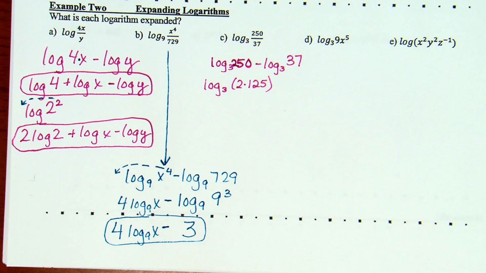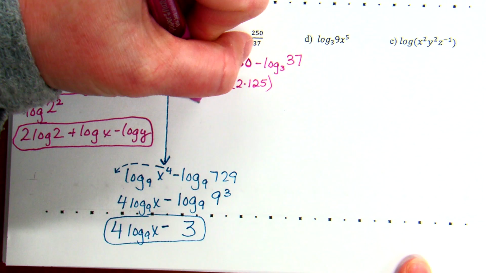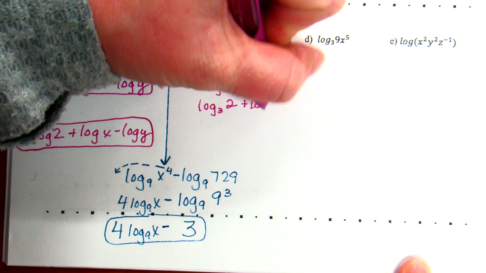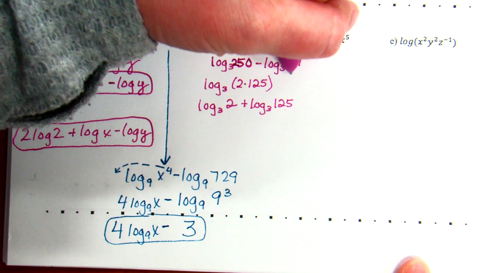Split it into 2 logs that are being added. So I could split this into log base 3 of 2 plus log base 3 of 125. And officially, don't forget, we also had up here minus log base 3 of 37.